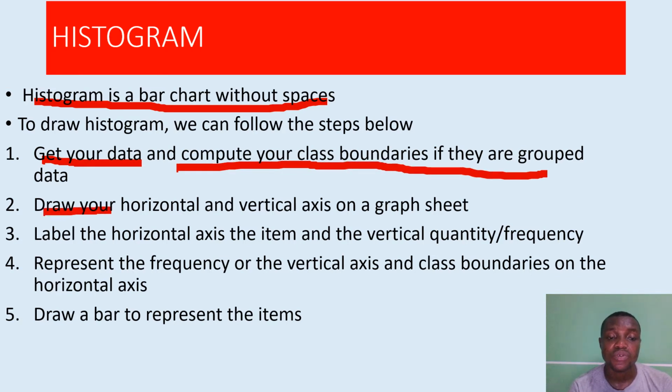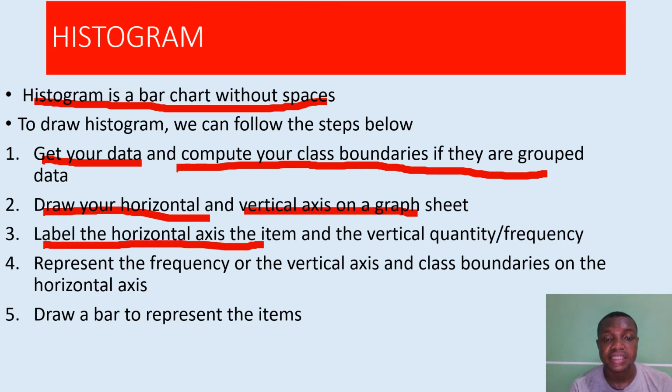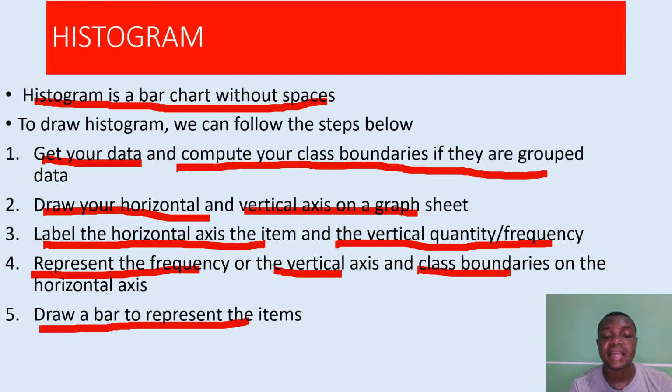Then draw your horizontal and vertical axis on the graph sheet. You label the horizontal axis with the item and the vertical axis with the quantities or frequency. Then represent the frequencies on the vertical axis and the class boundaries on the horizontal axis. Then draw your bars to represent the items.